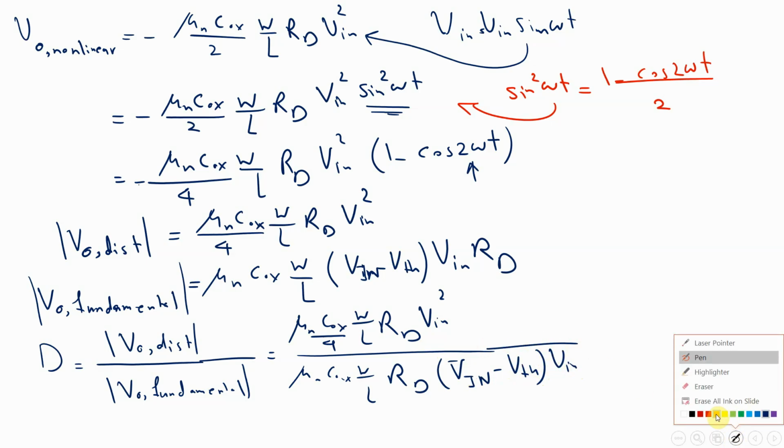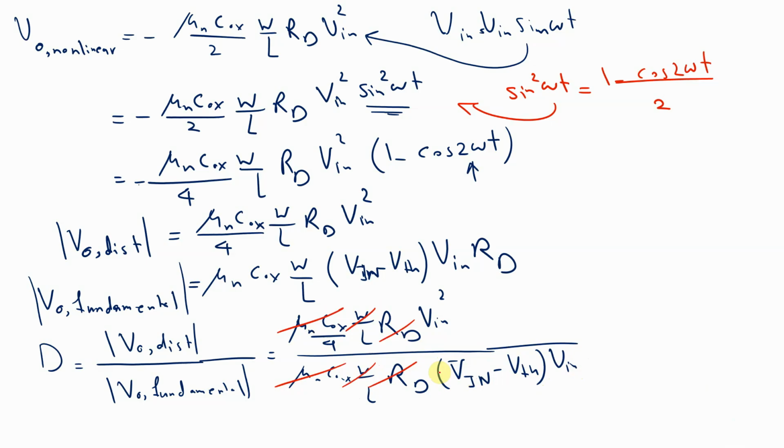So here we can simplify this. These are all crossed out from numerator and denominator, and one of these V ins is simplified with this one. And remember that this is the amplitude of the sinusoid. So the final formula would be something like this: V in divided by 4 times (V in minus V threshold).